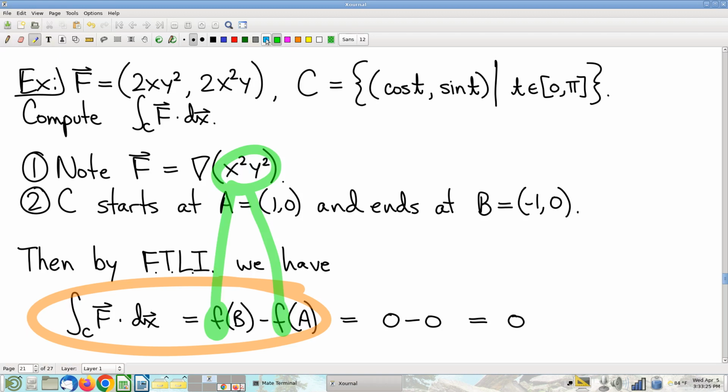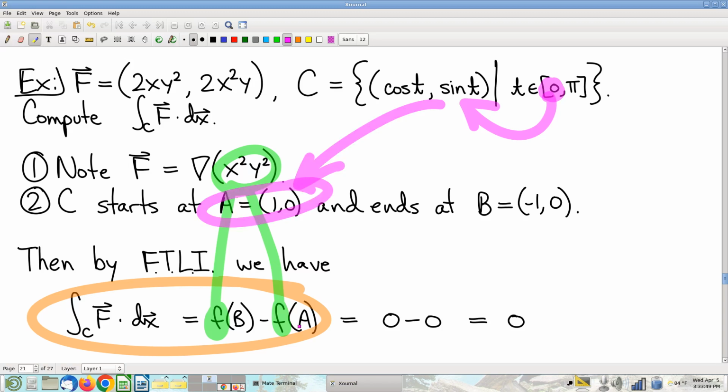The remaining detail: I do need to know what these points A and B are. How am I going to find A? A is the starting point, so I'm going to take the starting value of t and plug it into the parameterization.